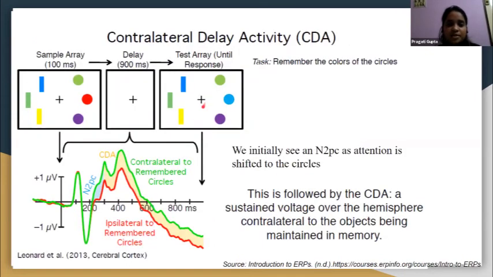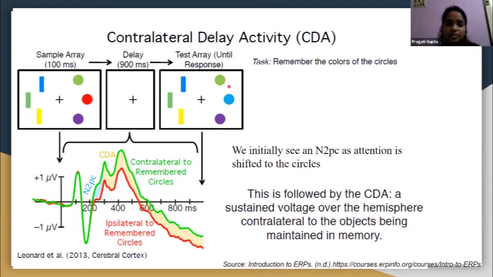Then we have the contralateral delay activity, which is specifically for the working memory task. Here, what happens is, after the fixation, on one side we have rectangles of different colors and circles. These bars and circles are presented to the subject, and the subject is asked to maintain these colors in memory, to check whether this sample array is matching the test array or not, or if there is any difference between them.